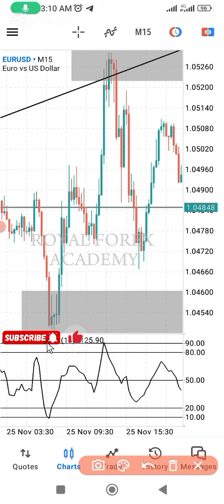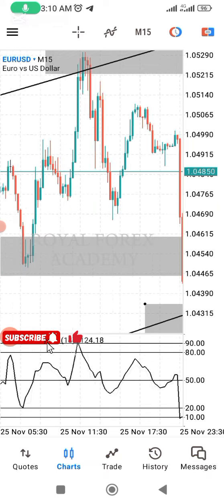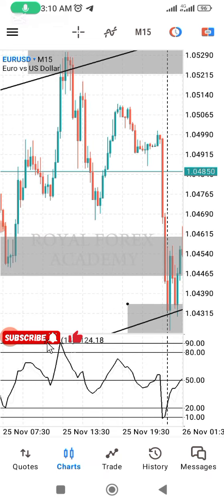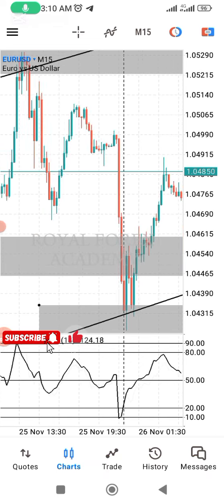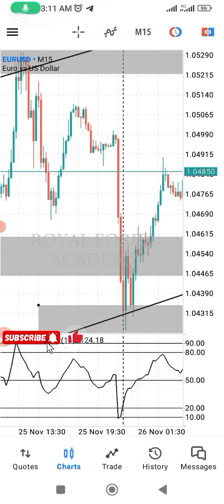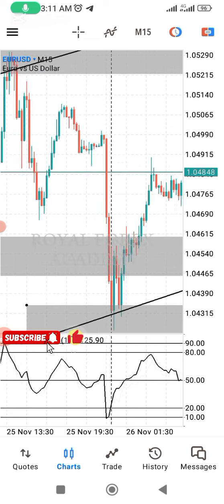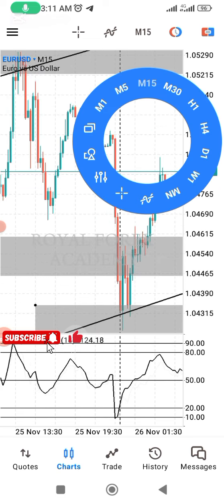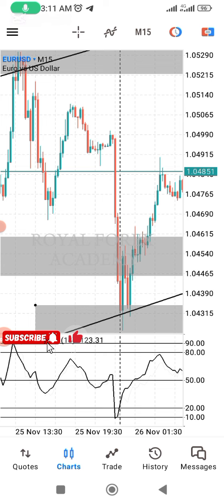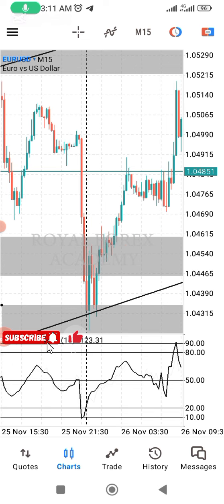So when price gets to this station, this is the first movement. So we are waiting for price to move back to that zone for the second time. And this time around, this is how price moves. Price came back to this zone.